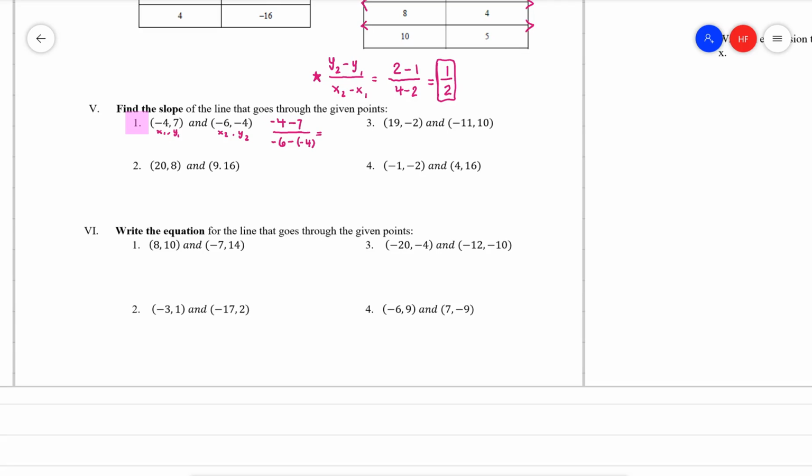We're getting more negative, so negative 11, over negative 6 minus negative 4, which we know is the same thing as negative 6 plus 4, so just be careful there. Which will be negative 2. Negative 11 over negative 2 will not reduce, but we can knock out both of those negatives, so my slope would be positive 11 over 2.